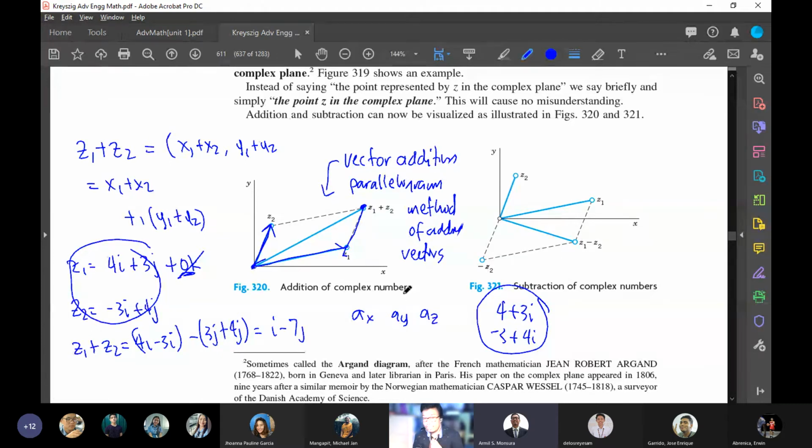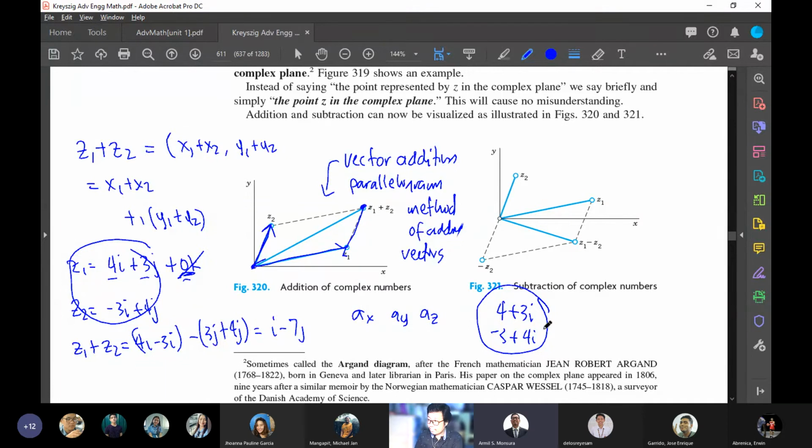Okay, so that is why yung sinasabi ko nga that the complex numbers are basically related field siya ng vector analysis. Because basically, you can consider these complex numbers as vectors. Ito kasi may terminal point sa 4 tsaka 3, at saka sa 3, 0 basically.